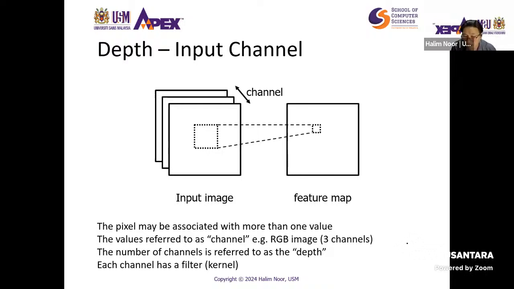So if it is a color image, then we have 3 channels: red, green, and blue. So the depth is 3, and you have to set it to 3. If it is grayscale, then of course it's just 1.